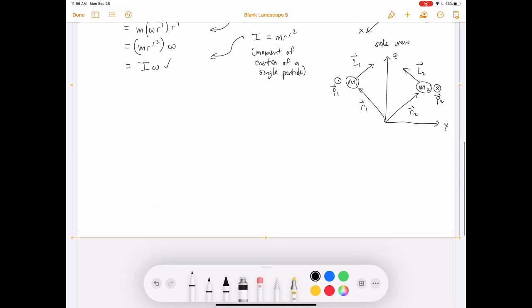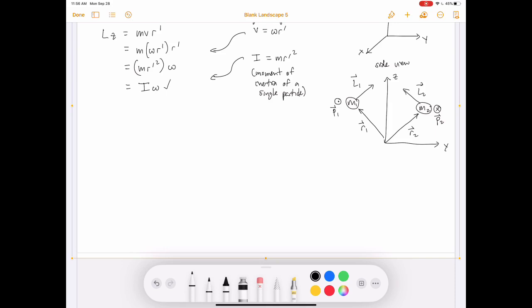Okay, so what would be the total angular momentum of those two particles? Well, L total would just be L1 plus L2.